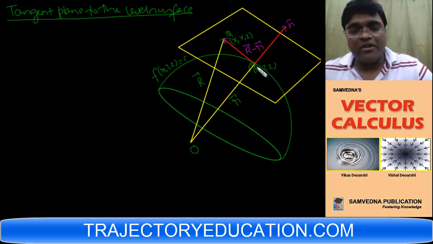Since point P is the point of contact at which the tangent plane is being drawn, n is perpendicular to the tangent plane.